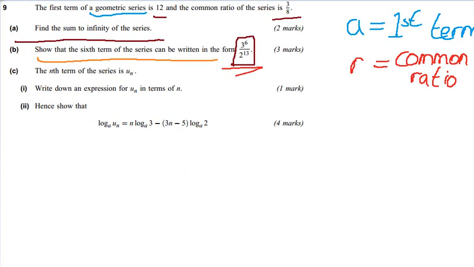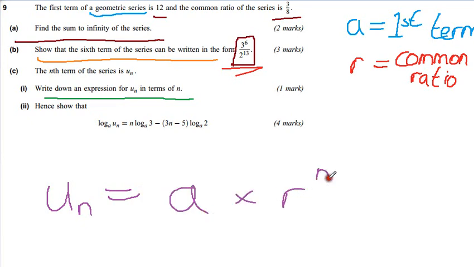Question C asks us, for 1 mark, to write down the expression for u of n in terms of n, which sounds very wordy, but you know it's 1 mark, so it's going to be something quite simple. The nth term, which we just did, is a times r to the n minus 1.